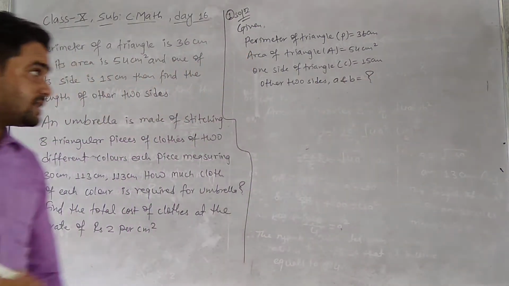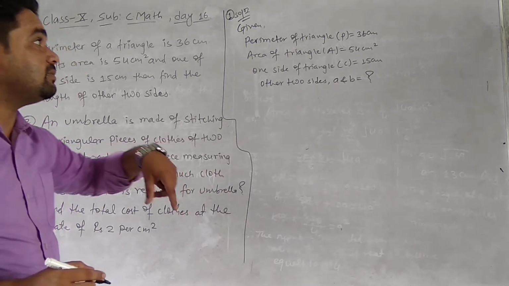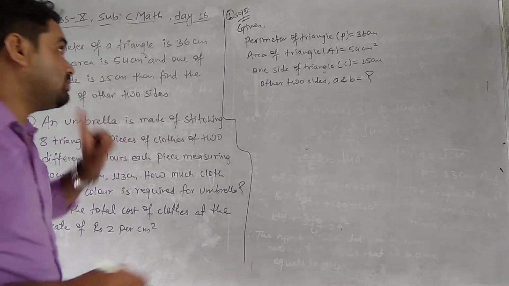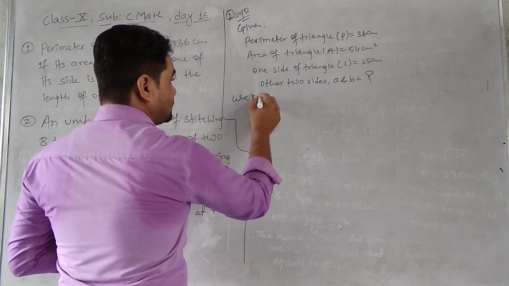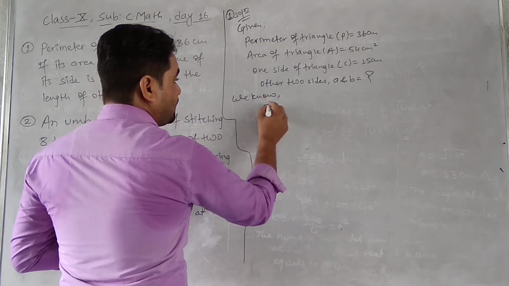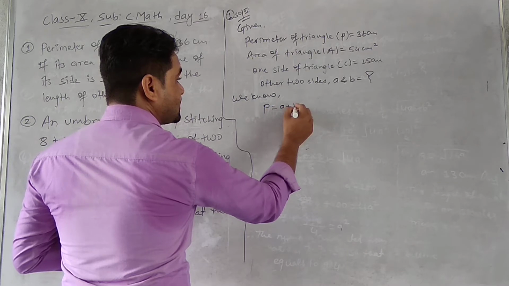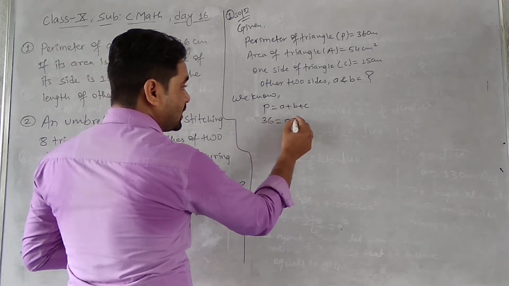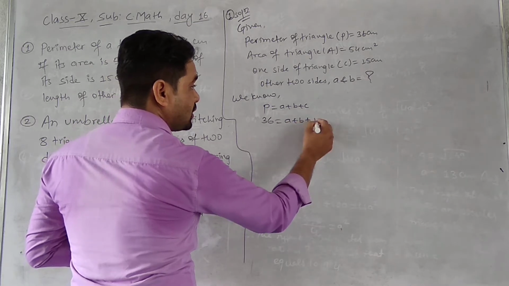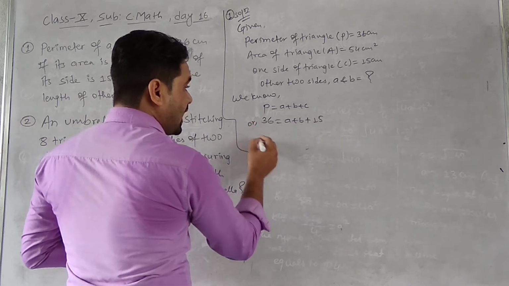Now we have the perimeter, so on the basis of the perimeter we are going to start. We know P equals A plus B plus C. The perimeter is 36 equals A plus B plus C, where C equals 15.